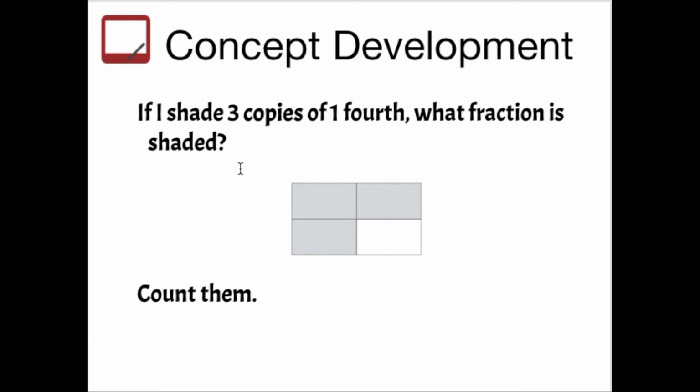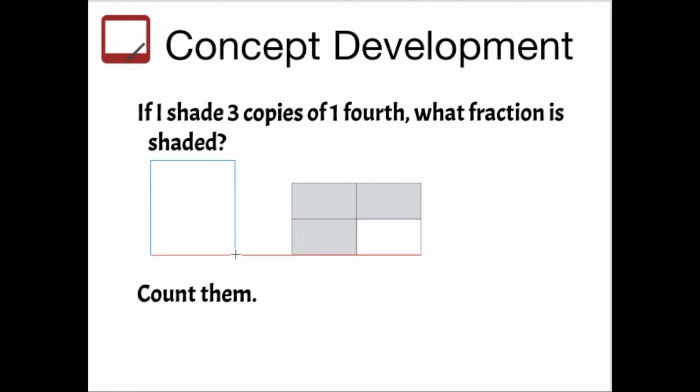Well, in our lesson last week, we reviewed that the number on the top of the fraction is the number of parts shaded, and the number on the bottom of the fraction is the number of total parts. Once again, the numerator is the number of parts shaded, and the denominator is the total number of parts. With that being said, I see 3 parts shaded, 1, 2, 3.